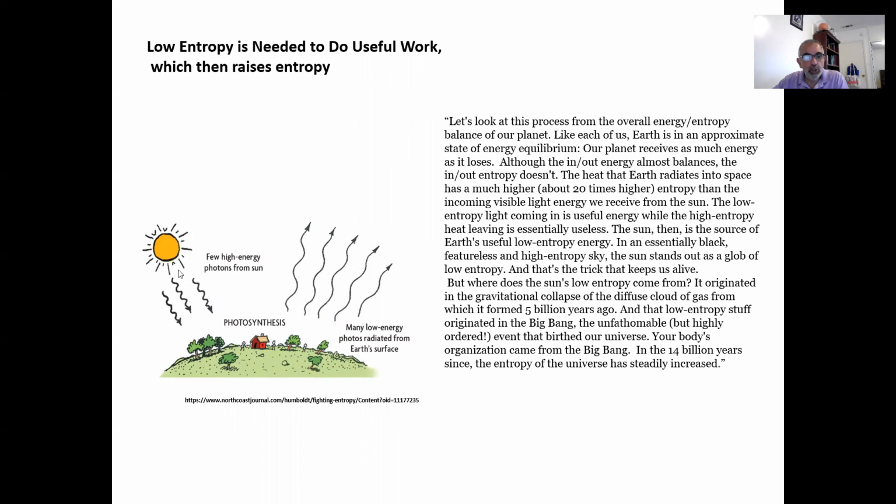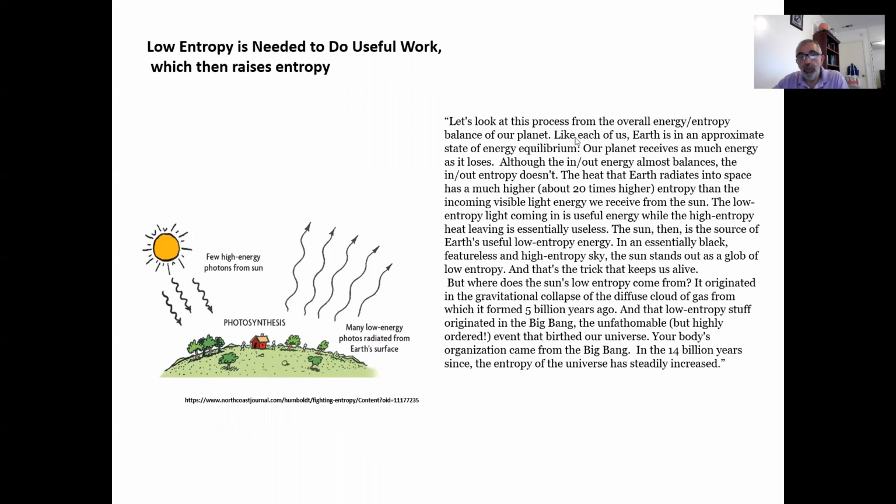This is low entropy energy, this is high entropy energy, and the difference in entropy is what powers life on Earth. That is, for example, the energy that goes into photosynthesis underlying all energy on Earth. So we absorb a few high energy, low entropy photons, and we give off many low energy photons that cannot be used to do useful work.